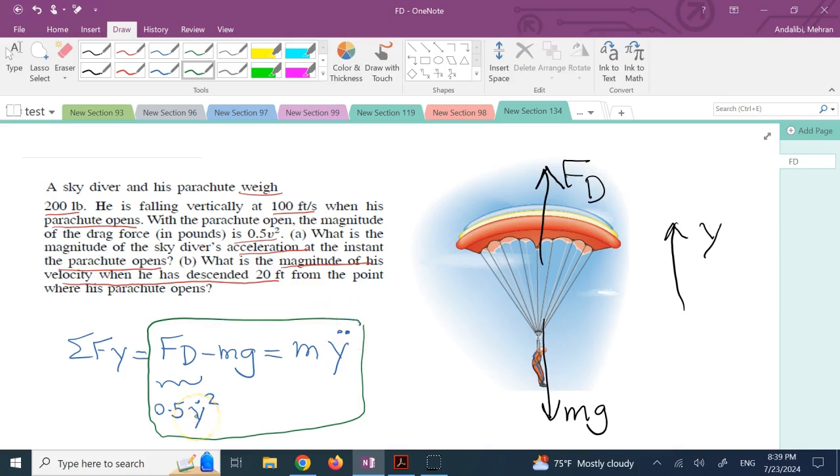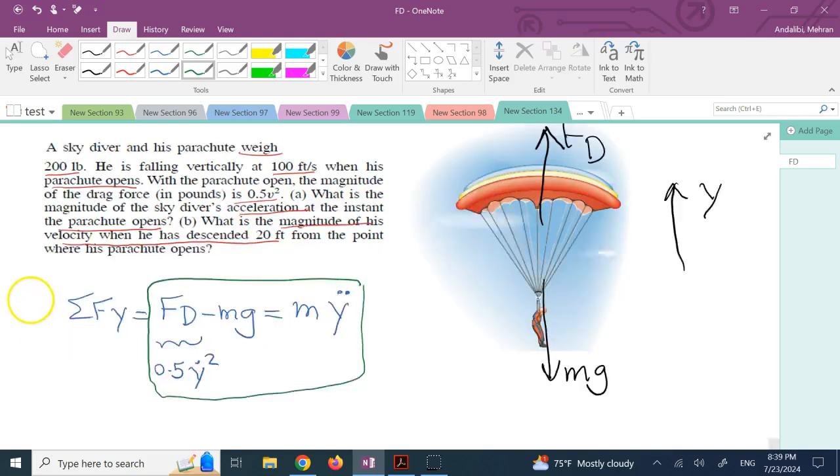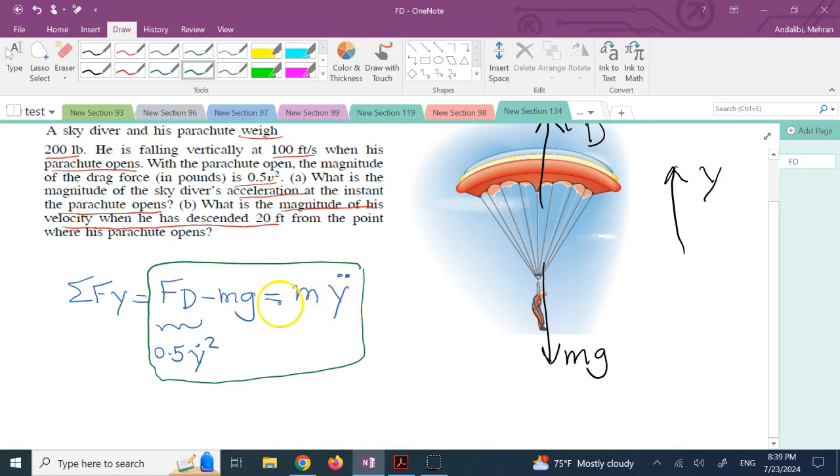And it's nonlinear because of the drag term. This mg is constant. And here, the first thing that the problem is asking is the magnitude of y double dot at any point. So if you want y double dot for part A, you just divide both sides by m, and you get negative g here, and then plus 0.5 divided by m times y dot squared.